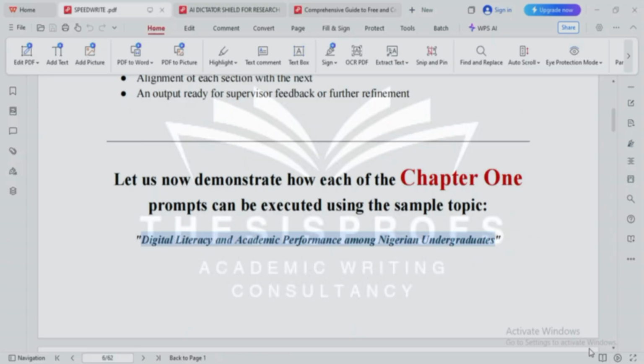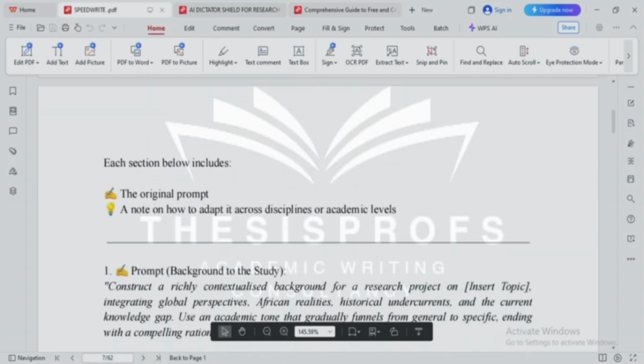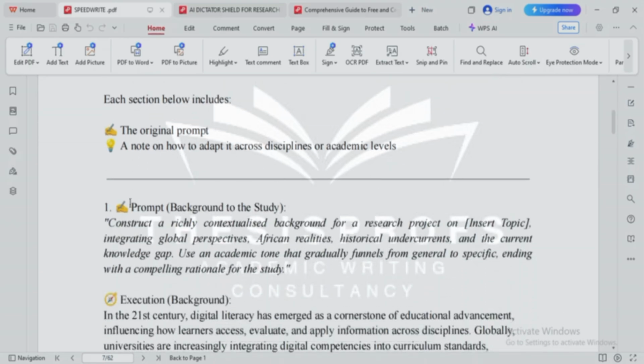Okay, so we need to demonstrate how each of the chapter 1 prompts can be executed using, yes, we've already started using the topic. Now for background to the study, we can see here, construct a richly contextualized background for the research project on the topic, integrating global perspective, African realities, historical undercurrents, and so on and so forth.